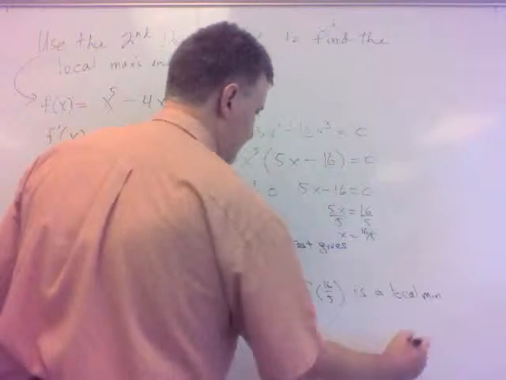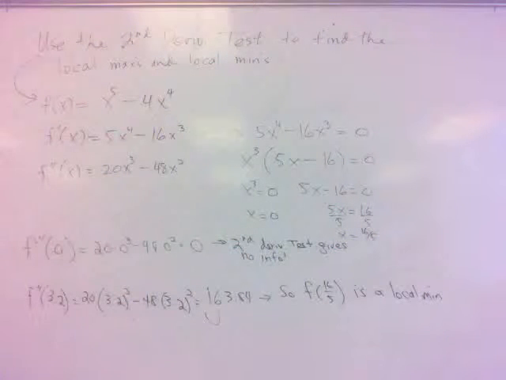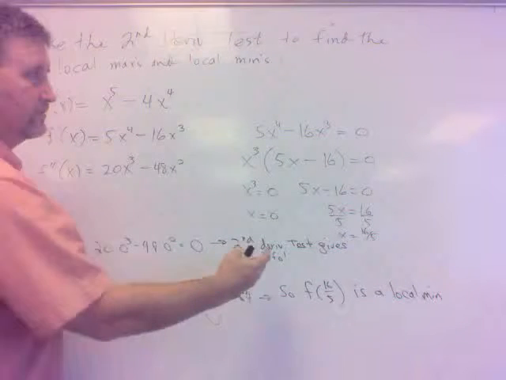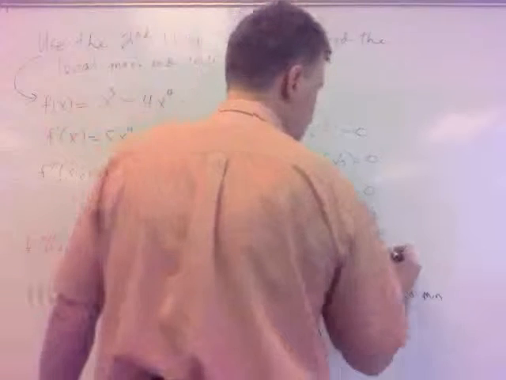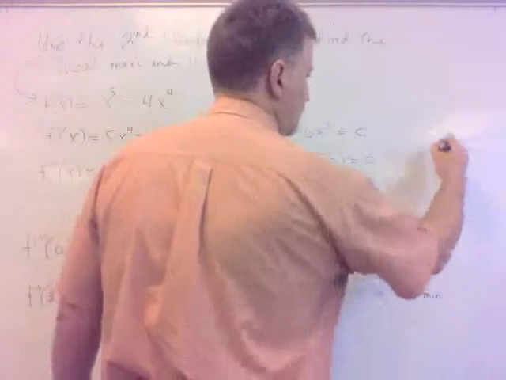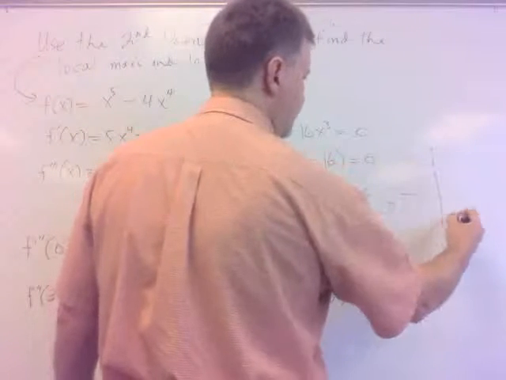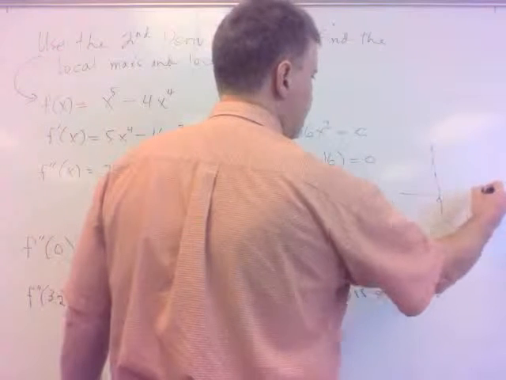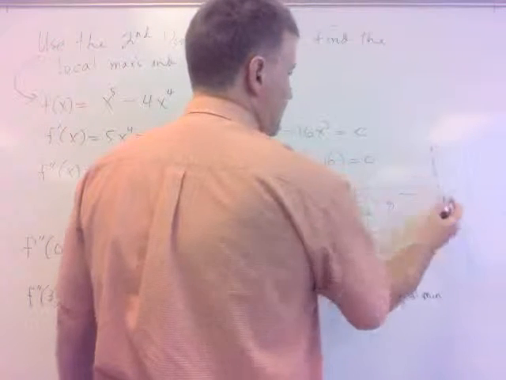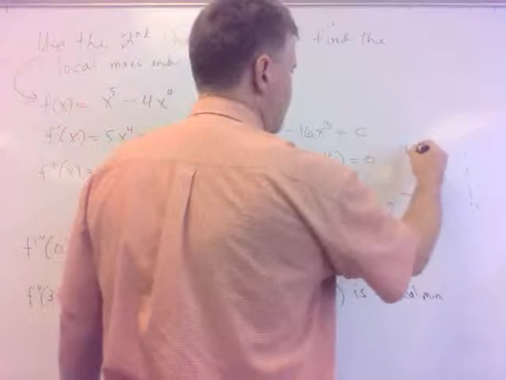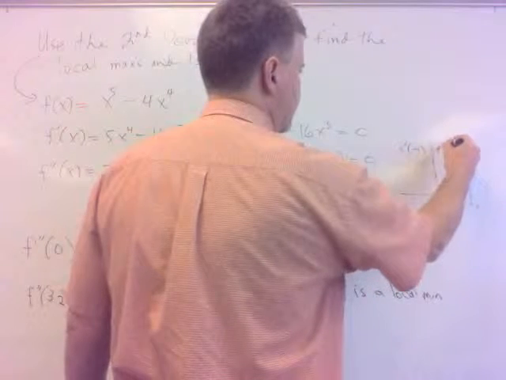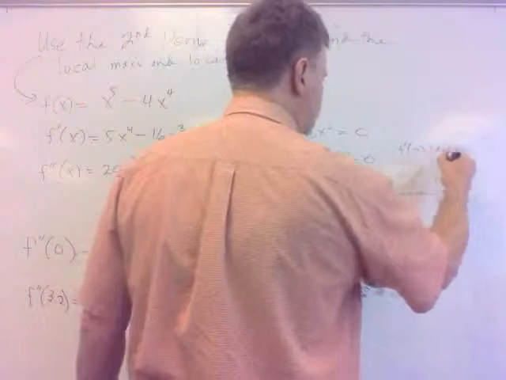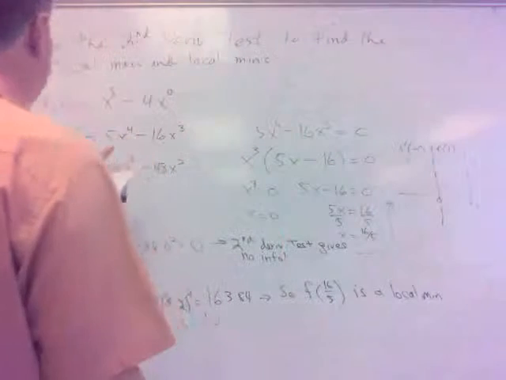So we get half the answer out of that. However, at 0, we just have to go to the first derivative test. So you've got 0, and then you've got 3.2 out here. Just look on either side of 0, do your first derivative at negative 1 and the first derivative at positive 1, and see what those give you.